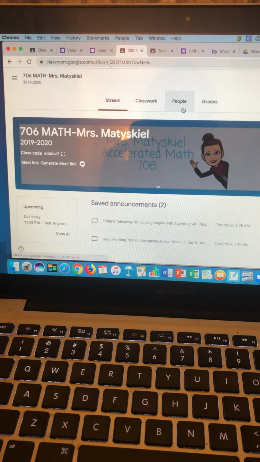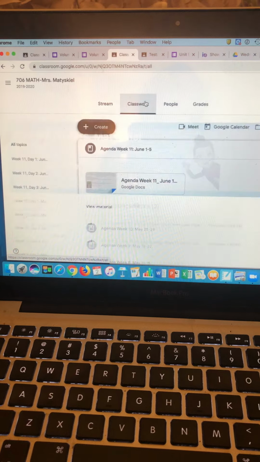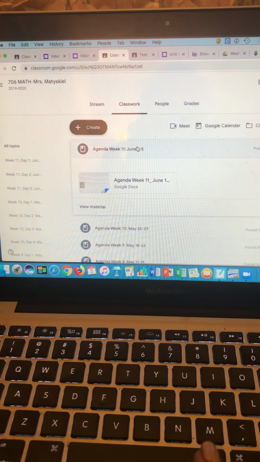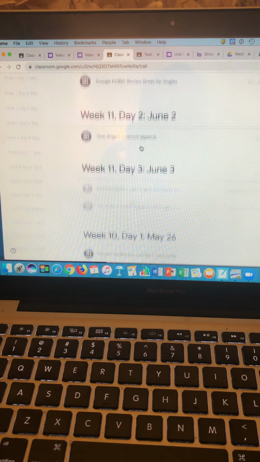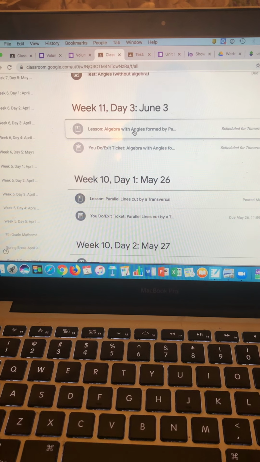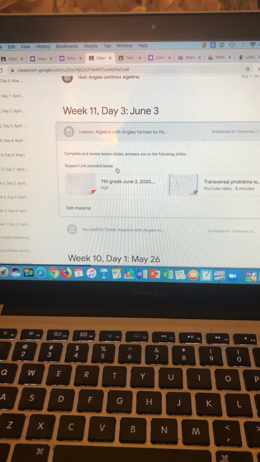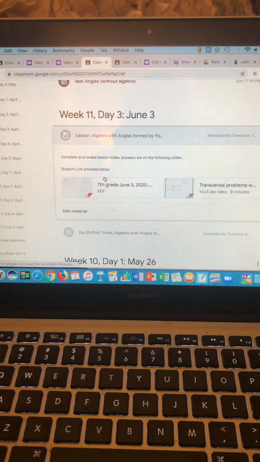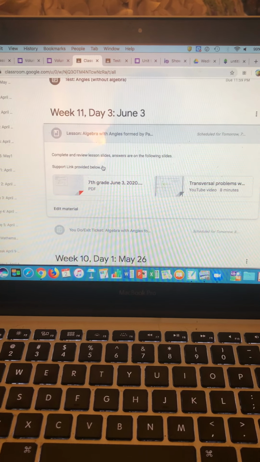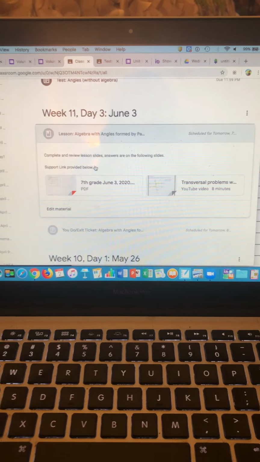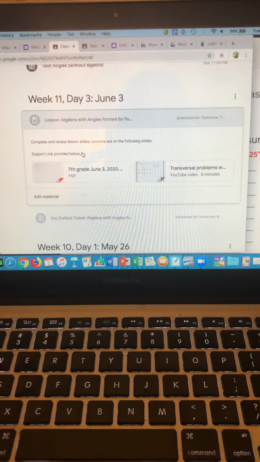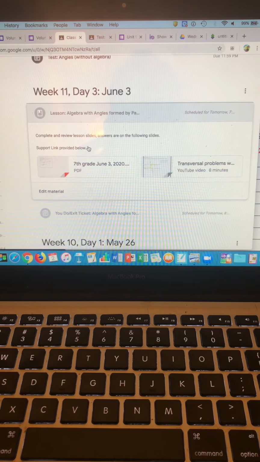All right, so you'll click on your classwork tab to see what you are expected to do today. You'll scroll down to day 3, June 3rd. Today our lesson is going to be the angles formed by the parallel lines, which you guys have already seen and understood their relationship. A lot of you did very well on the assessment yesterday, so I was so pleased to see that.